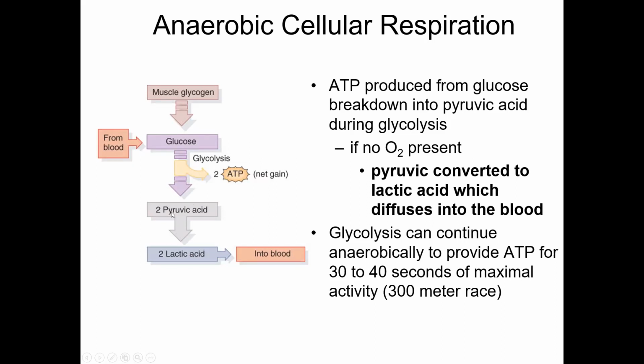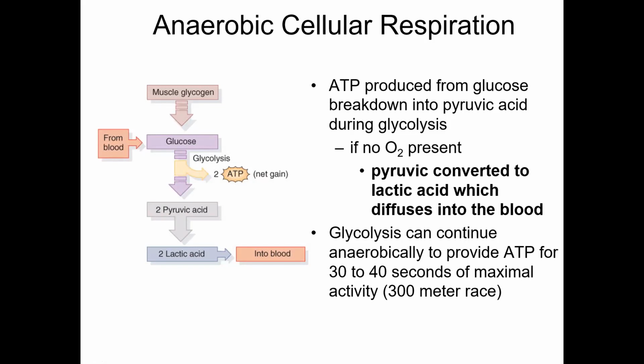In this case, glucose is split into pyruvic acid. This reaction produces ATP, and so this is one way to produce new ATP in the muscle cells. So this also has limits because we can produce enough ATP for 30 to 40 seconds.